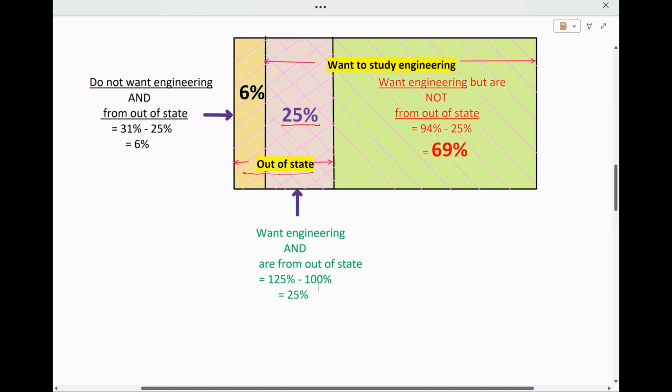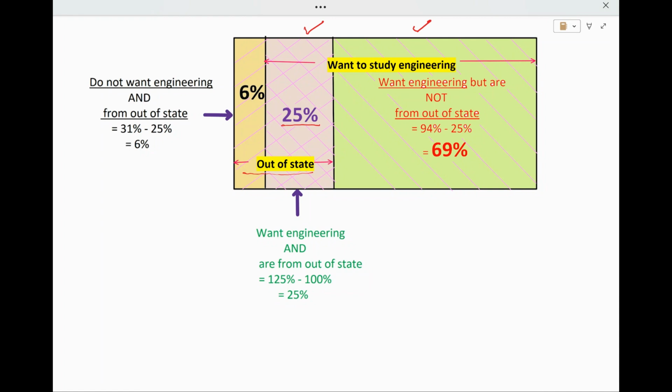In this diagram, we have shown the different categories of students and what percentage they make out of the total number of students in the class. For example, this area and this area together gives the total percentage of students who want to study engineering.